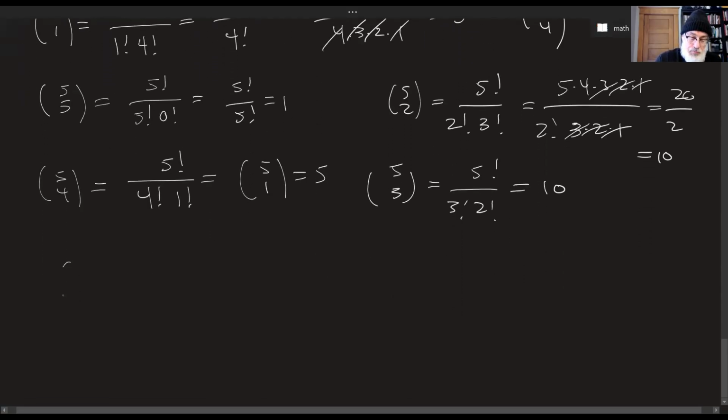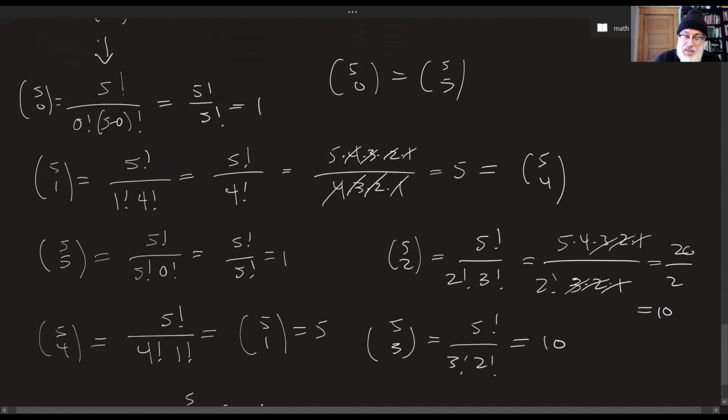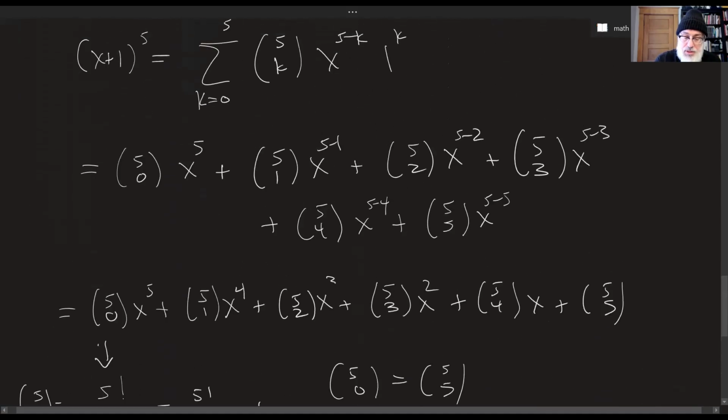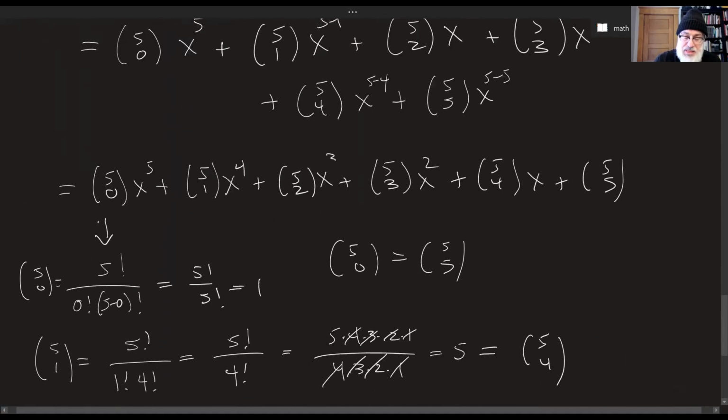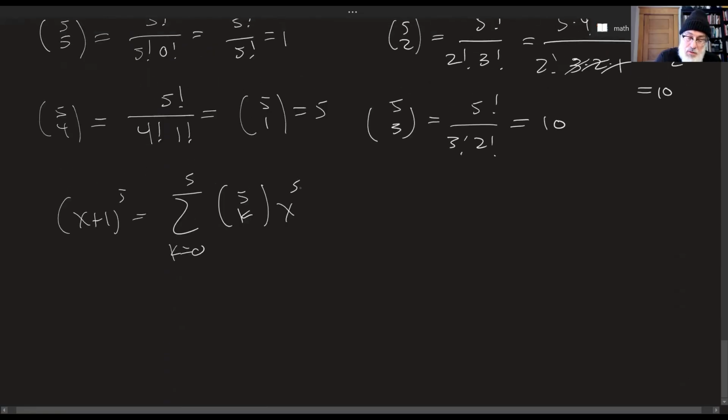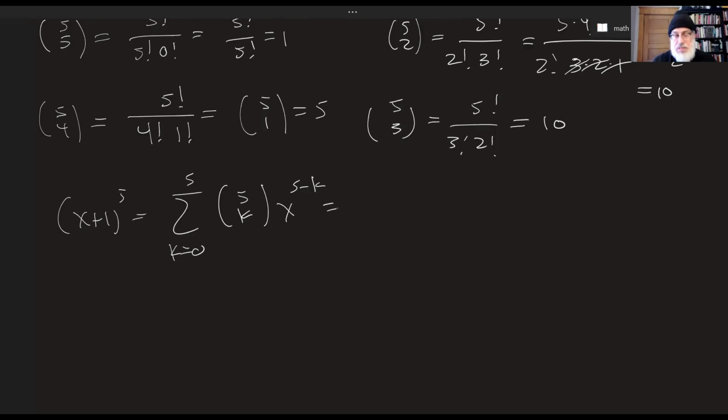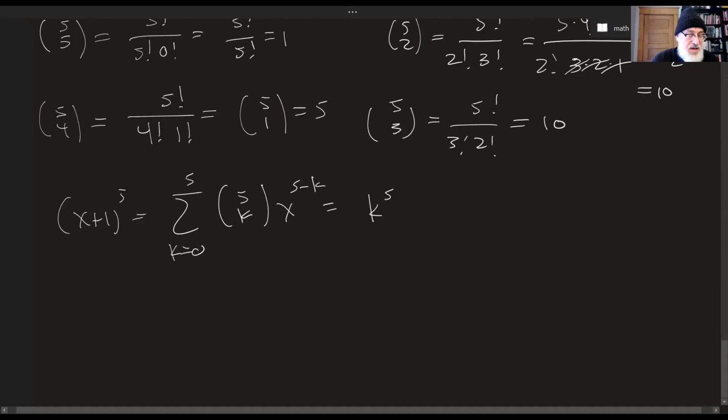So x plus 1 to the 5th is equal to, using binomial theorem, the sum from k equals 0 to 5 of 5 choose k times x to the 5 minus k. Now recall, we had 1, but we're not going to write it. If we substitute what we have for the combinations, then we have x to the 5th because it had a factor of 1.